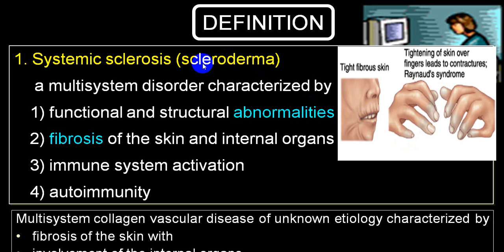So it was a case of scleroderma, or systemic sclerosis. We'll be discussing the different varieties you come across. It is a multi-system collagen vascular disorder, meaning it involves collagen tissue as well as blood vessels, of unknown etiology, an autoimmune variety characterized by fibrosis of the skin and involvement of internal organs.